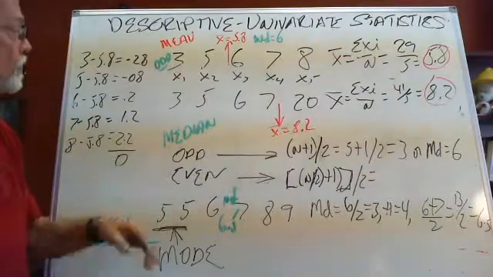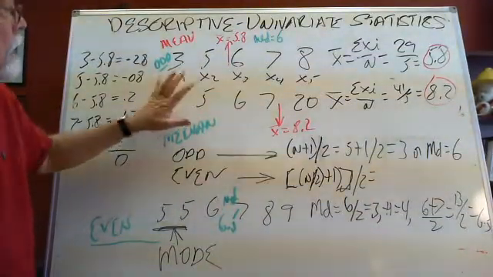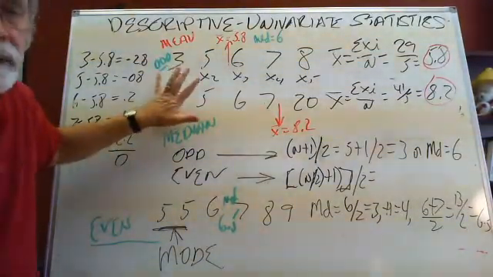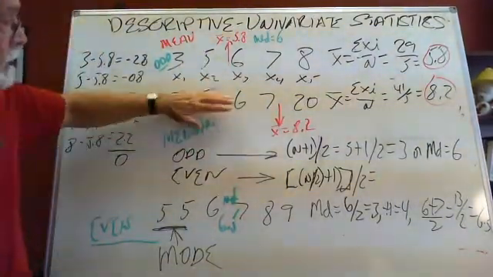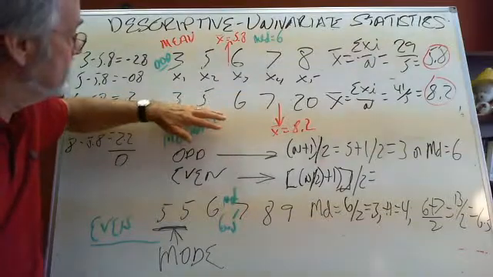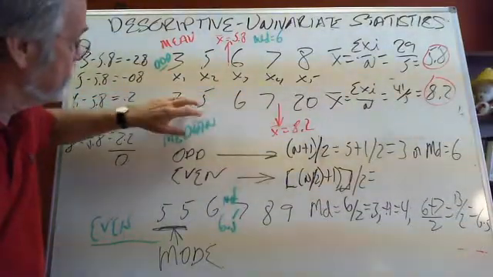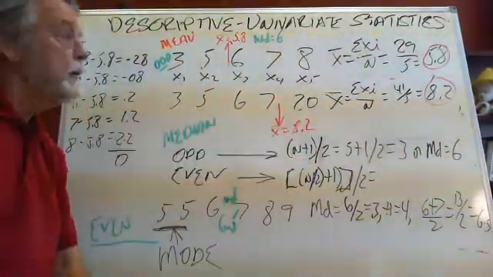All right. And so here's another characteristic of the mean that's important, what I'm trying to illustrate here. Here's 5 values in a distribution again, 3, 5, 6, 7, and 20.